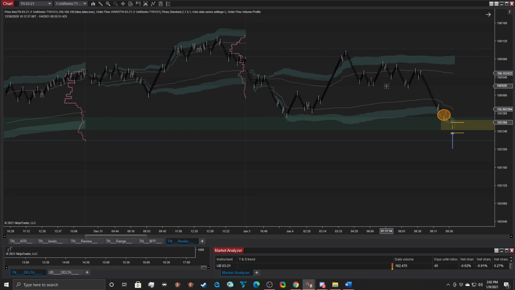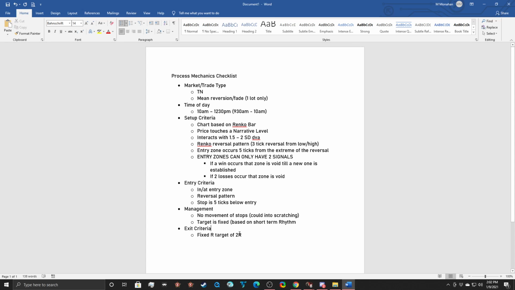So in normal short-term rhythm, that's usually what you see. So our fixed R target is within that short-term rhythm scale out. And that's important that everything in this mechanical process is kind of based on our values and having a good risk reward in our favor and making sense with what we should see in the market.